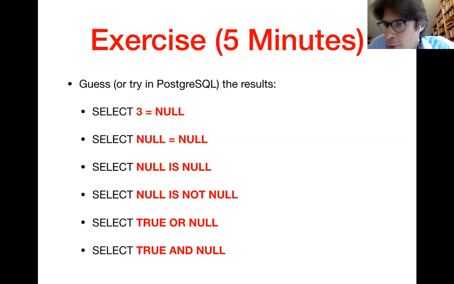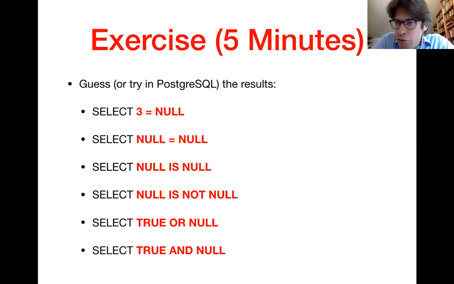And of course, it depends on the unknown values. The third query, null is null. That is always true because is null is checking whether something is unknown. Then in this case, it is indeed unknown. The next query is the opposite of that and therefore false.